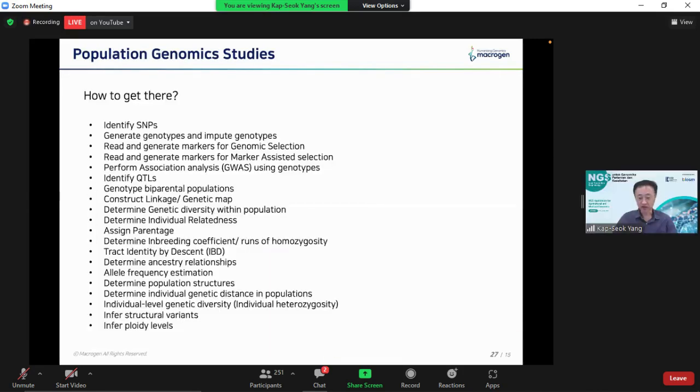So how are we going to do that in scientific terms? These are the lists that you need to get into and conquer, starting from identifying SNPs or QTLs or the parentages or many other things. You can do these things very easily if you have many genomes fully sequenced.